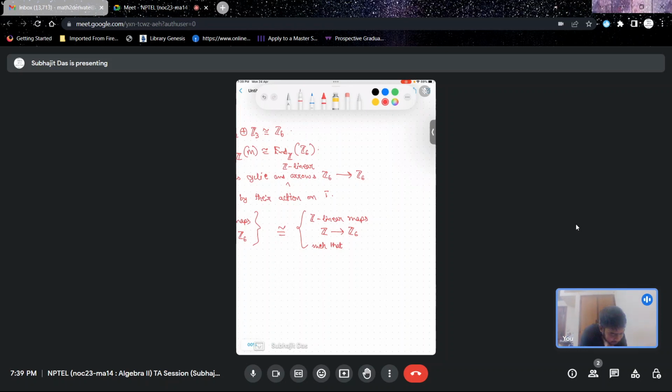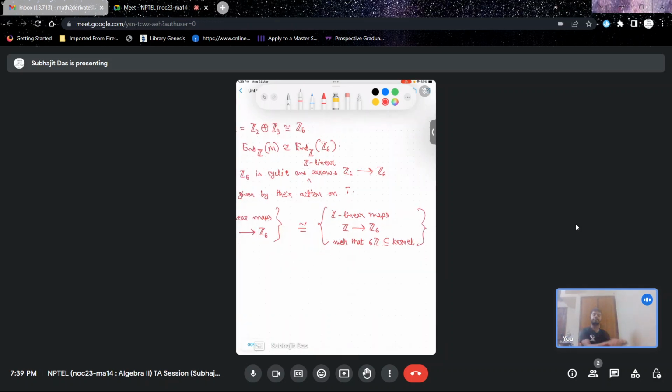So such that 6Z is contained in the kernel. And what does that mean? That means 1 is mapped onto an element a in Z6 such that 6 times a is 0.